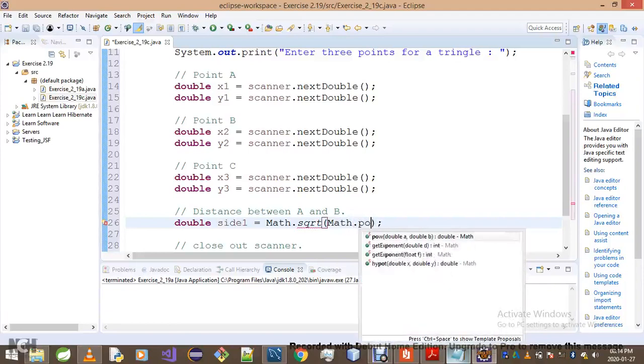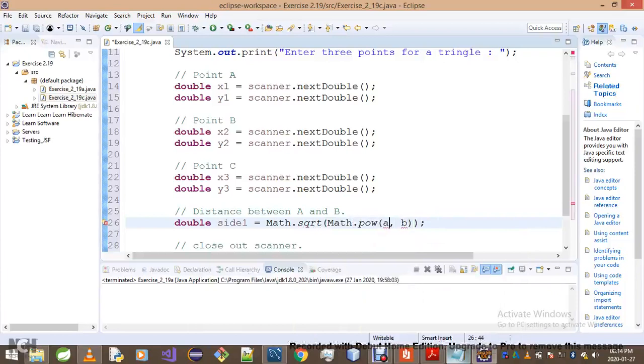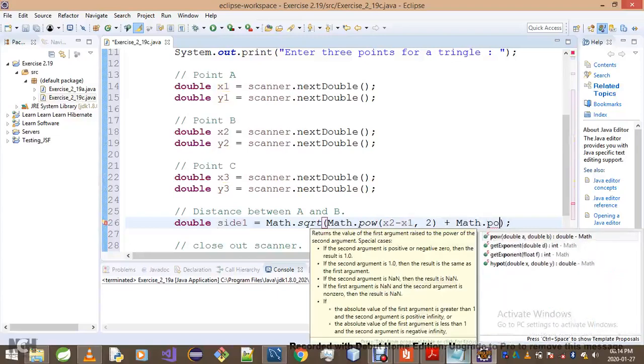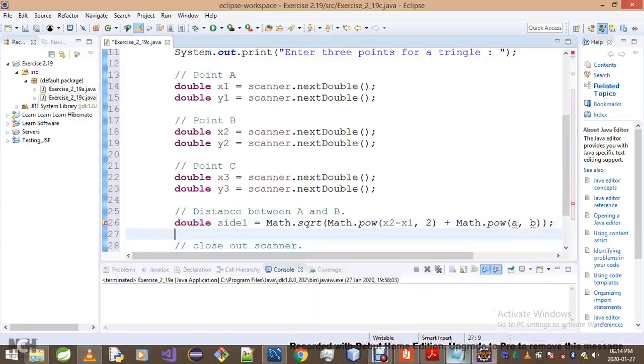So this time around though, we will be using the Math.pow method, and right here we'll simply go x2 minus x1, and we put our exponent there, which is 2, and we simply add y2 minus y1 to that. Now we go y2 minus y1, and then put a 2 as an exponent.